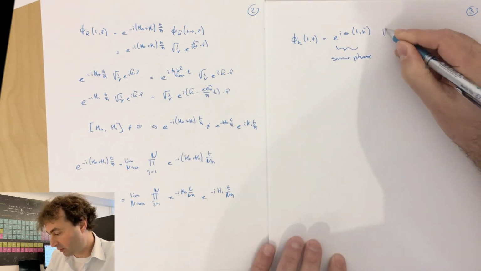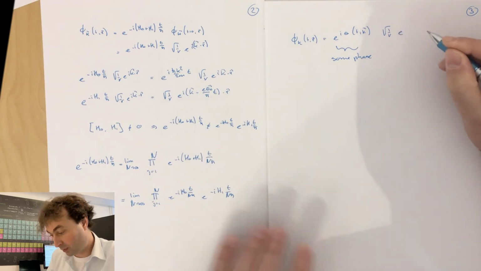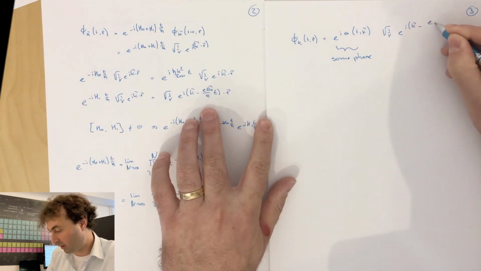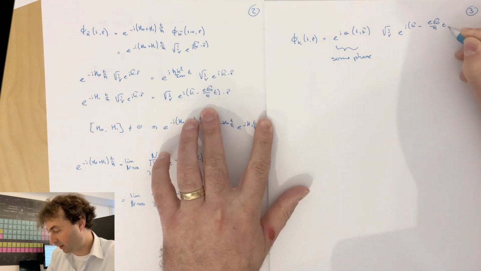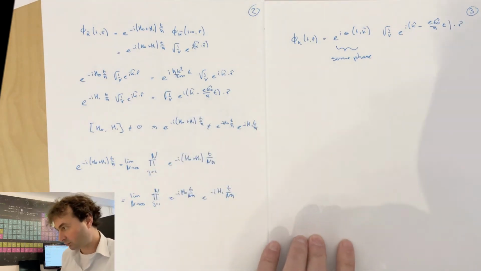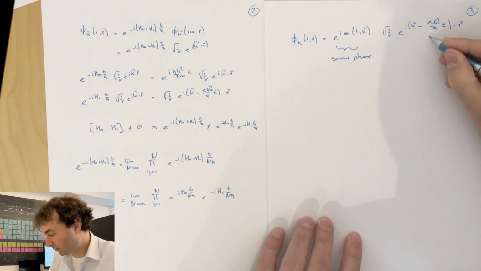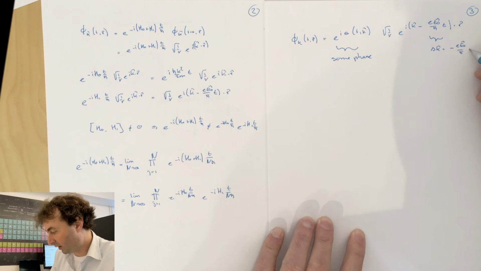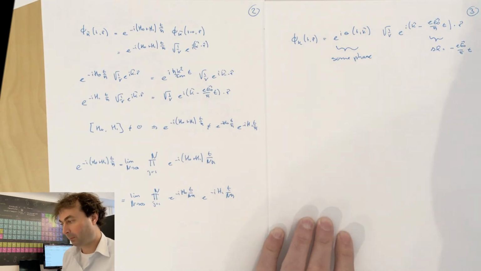And then we have the wave function shifted in the momentum that we had before by e to the e0 over h bar times t over n times n dot r. And here we can say this is delta k, which is equal to minus e0 over h bar times t.